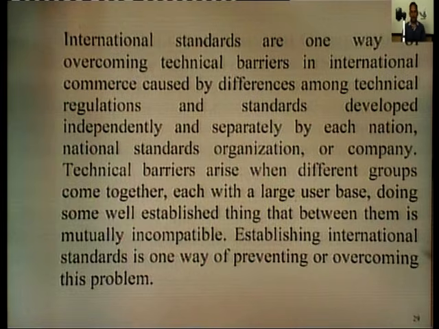Technical barriers arise when different groups come together, each with a large user base, doing some well established things that between them are mutually incompatible. Establishing international standards is one way of preventing or overcoming this problem.